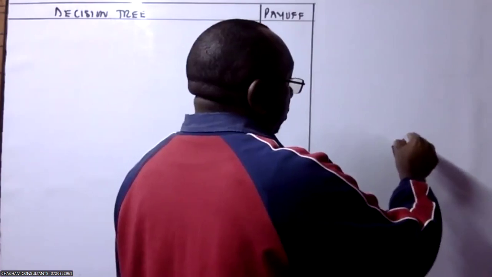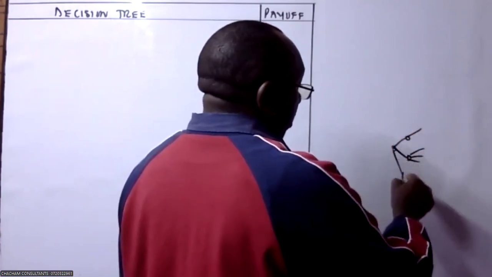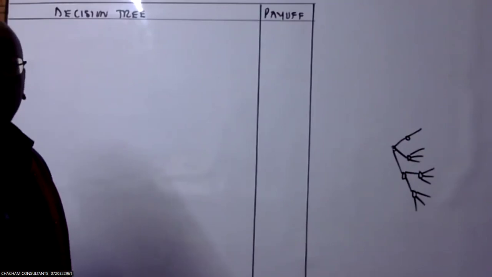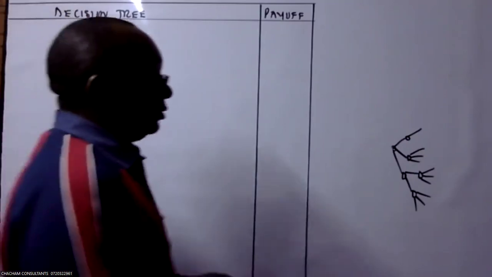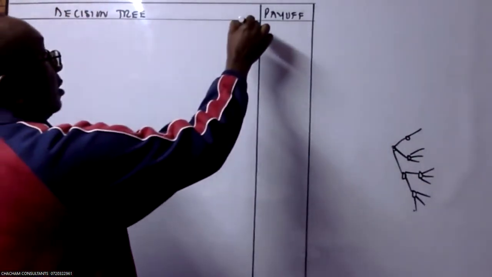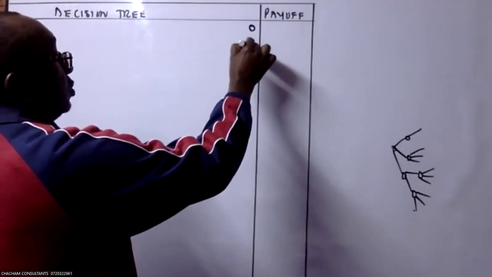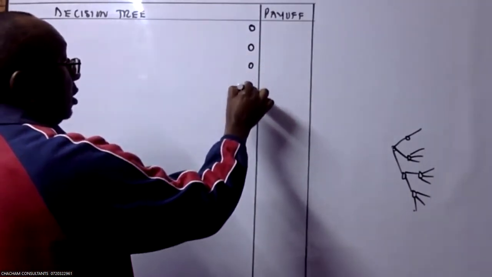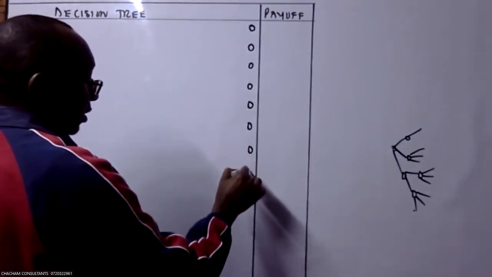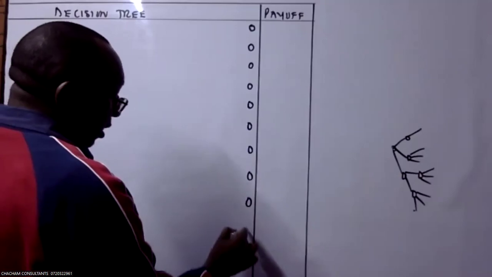3 options. This one is on its own. These are 3. So, there are 10 tails. So unapanga 10 tails hapa. 1, 2, 3, 5, 6, 7, 8, 9, 10. So unaipanga hivyo.